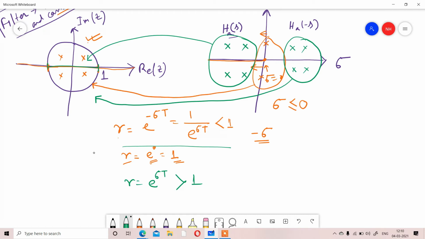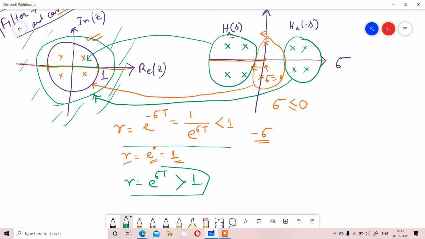So if we get a pole like that, and we draw the circle related to that pole, that will be your ROC. That ROC will not contain the unit circle, which defines the system is unstable. Okay, that means we cannot consider values like that.